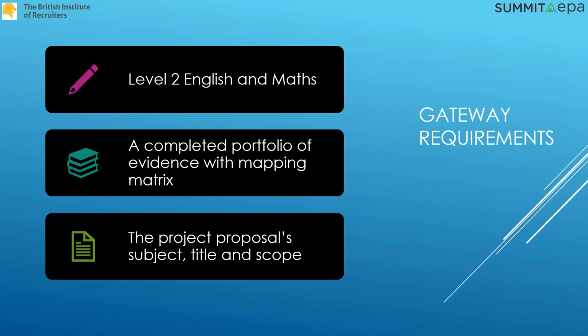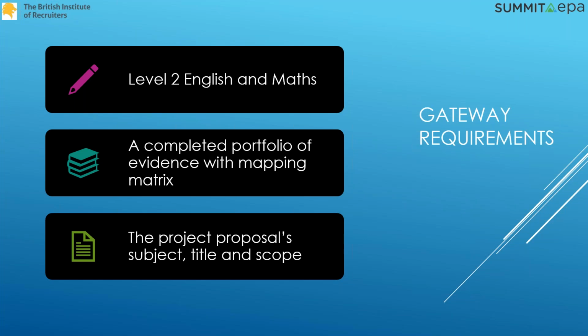And that's the radical difference here: they do not want the project itself, they want the proposal, and the proposal's subject, title and scope. Previously, on the Operations Departmental Manager at Gateway, they would have to submit their project. Not anymore.